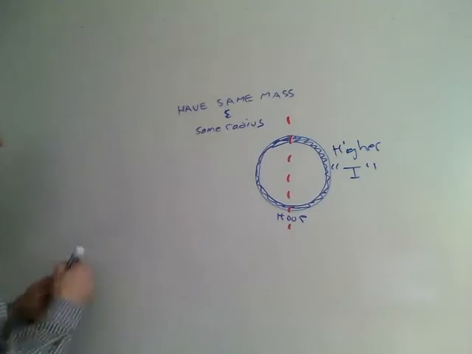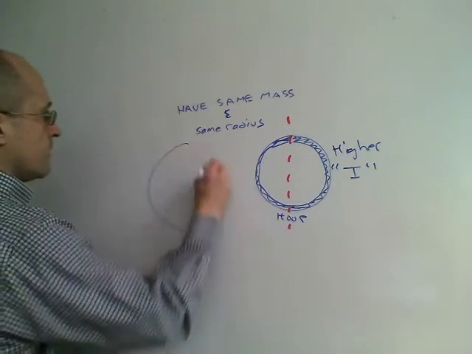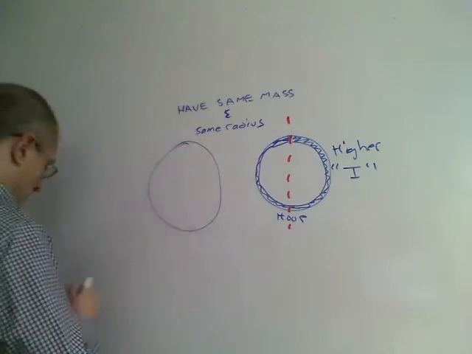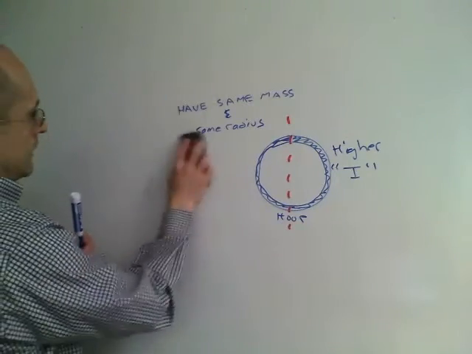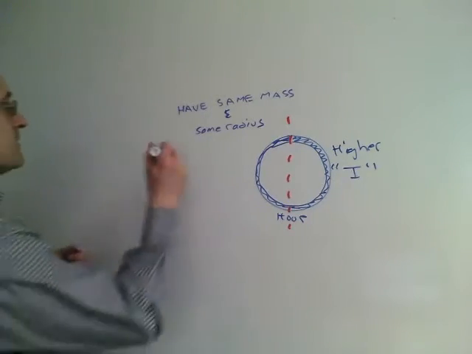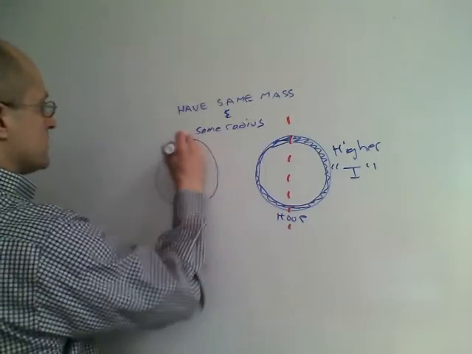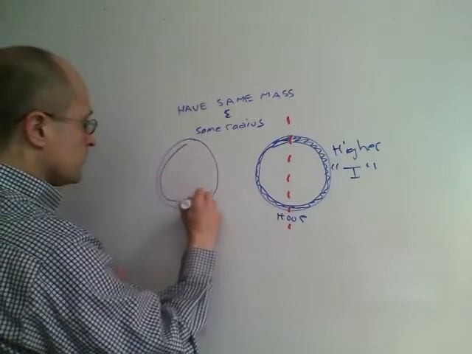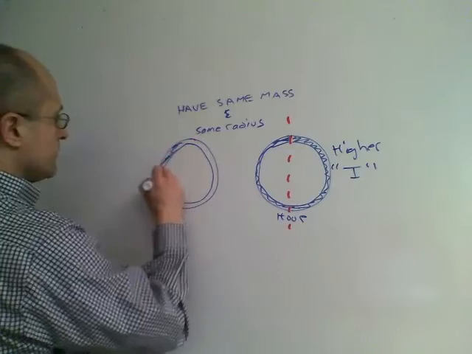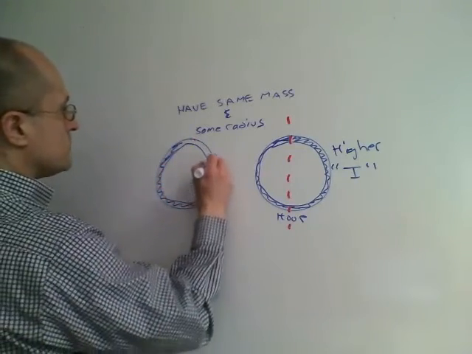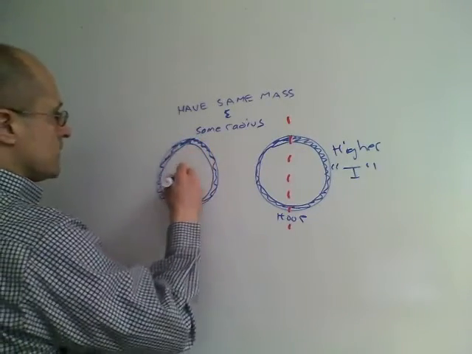When we compare hoop to hoop, let's assume that I could draw well, and my hoops would have been the same size here. So if we have another hoop that's identical, they have the same mass and same radius.